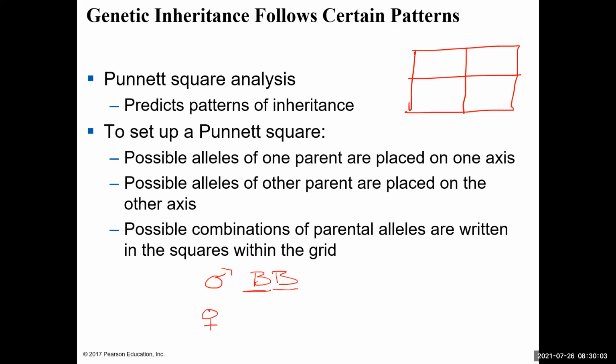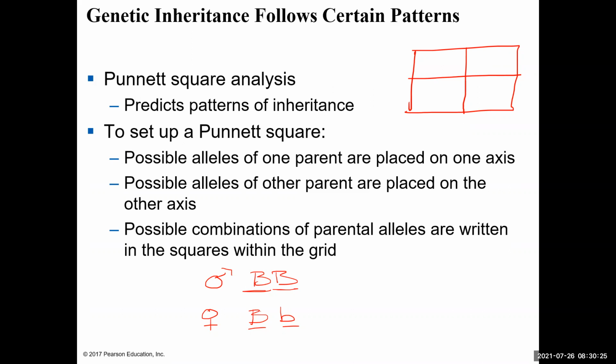Let's say we have a female that has brown hair, but she is heterozygous. She has brown and blonde alleles, but because brown is dominant, she shows up as having brown hair. Now we want to know what is the probability that this couple has an offspring with brown or blonde hair.